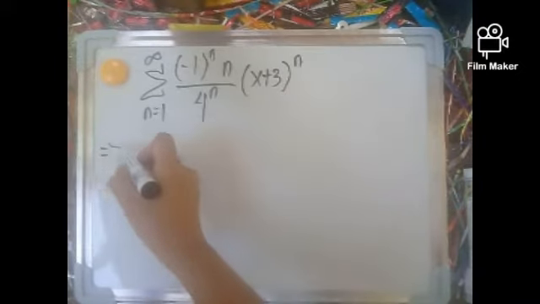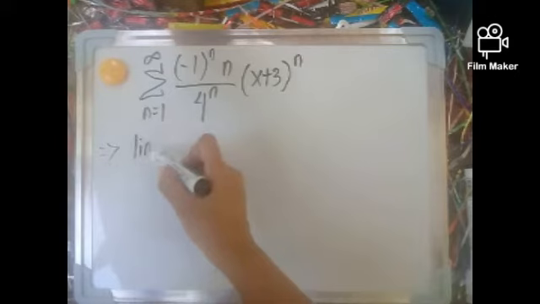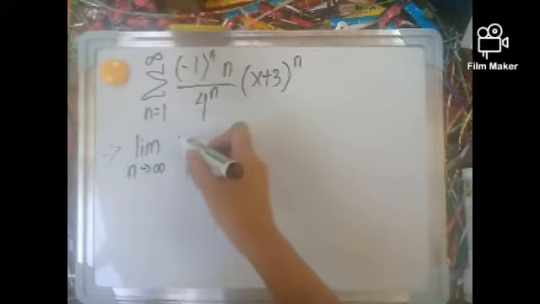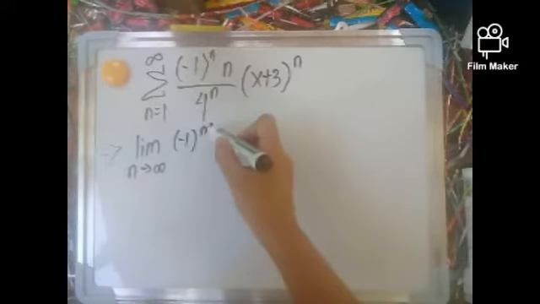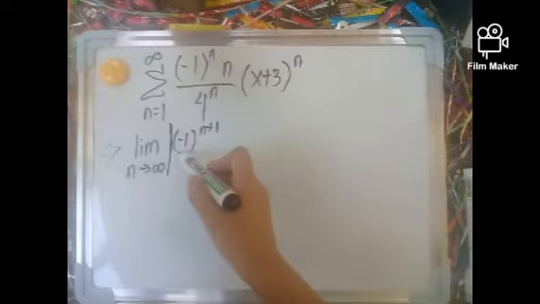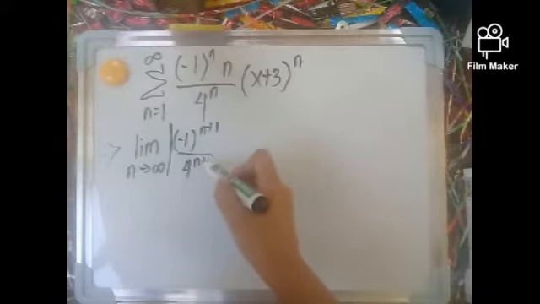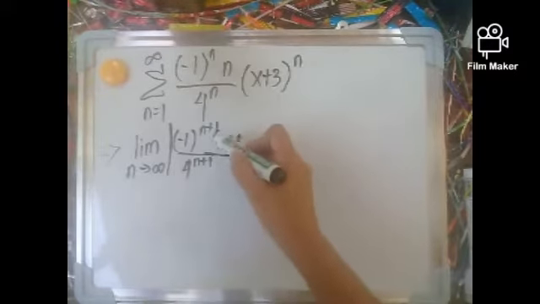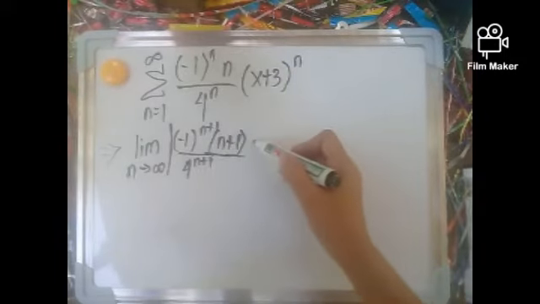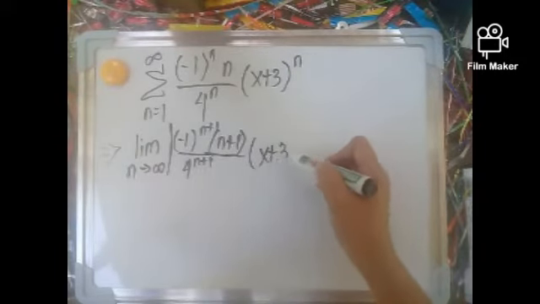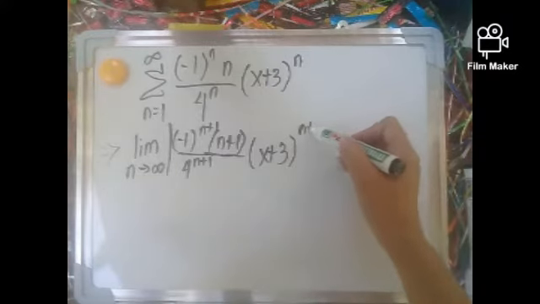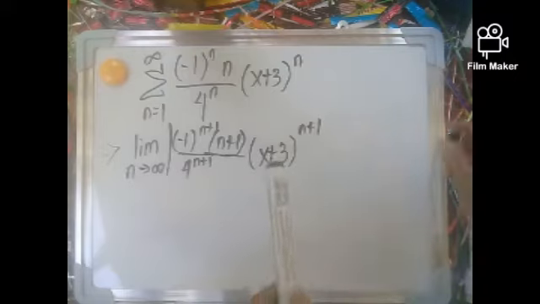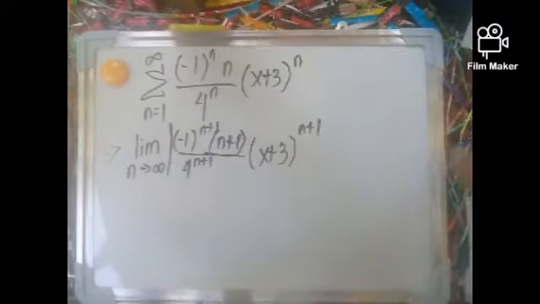So, let's do it. The limit as n approaches infinity of negative 1 raised to n plus 1 divided by 4 raised to n plus 1. Oh, I forgot the n plus 1 times (x plus 3) raised to n plus 1. So, dito, para hindi tayo masyadong malito, isama na natin ito sa numerator.